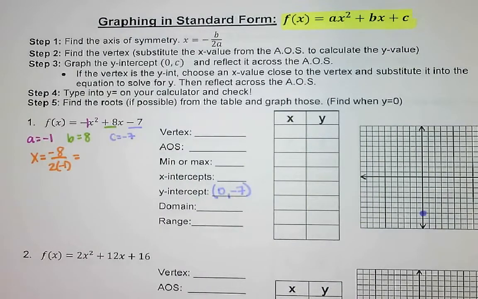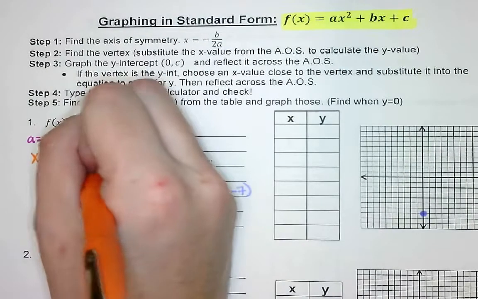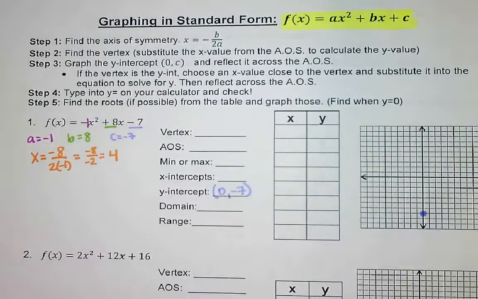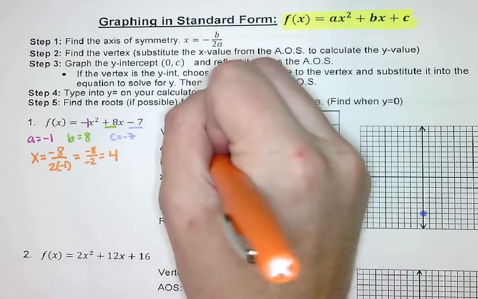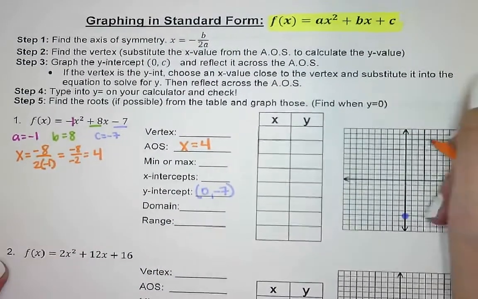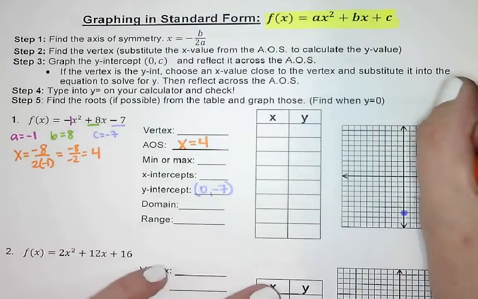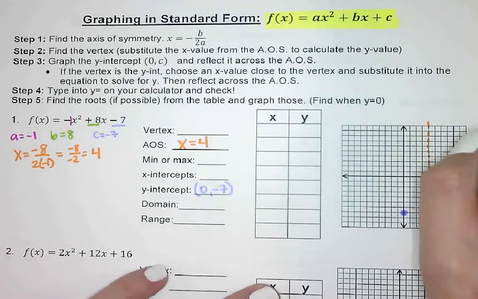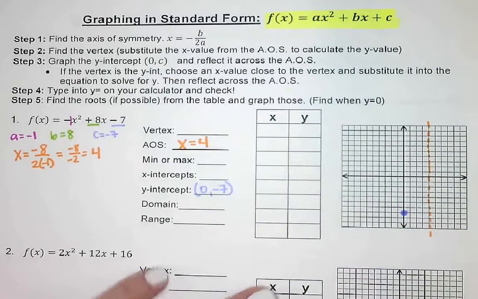So what does that give us? -8 over -2, which reduces down to 4. Do y'all feel good about that? So my axis of symmetry is x equals 4. So guys, then mentally, you can graph your axis of symmetry.